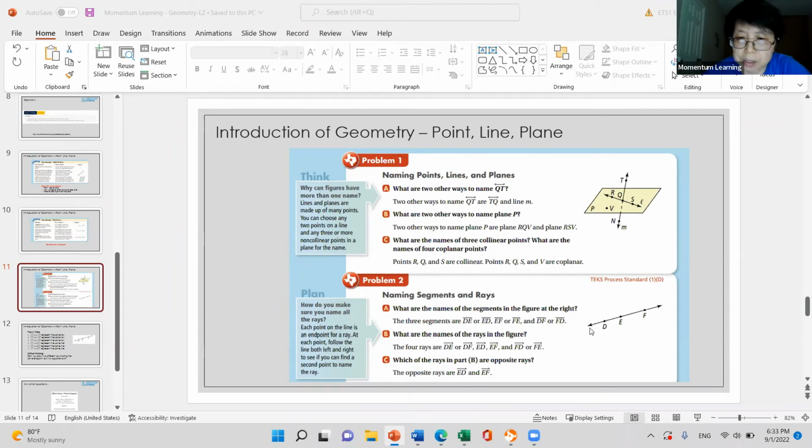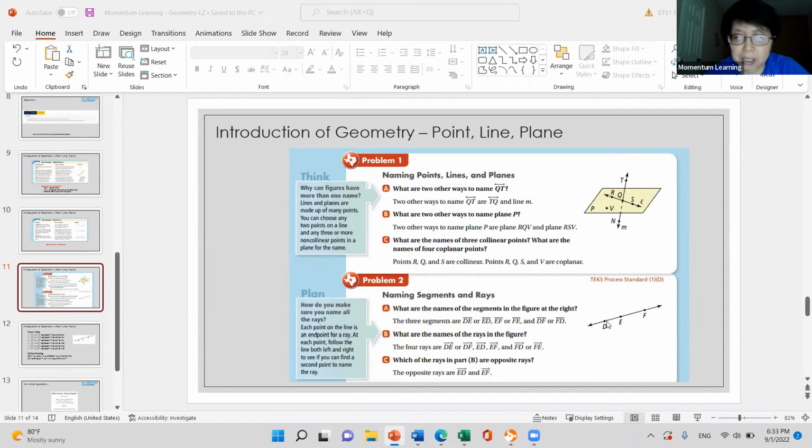Let me ask a question. Let's stop talking about the ray. Can you name this line for me? How many ways can you name this line? How do we name a line? Use two different points on this line.